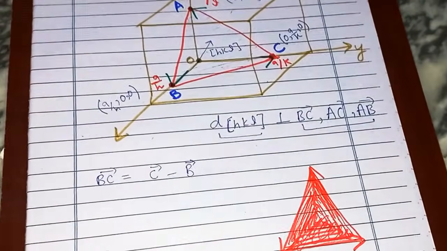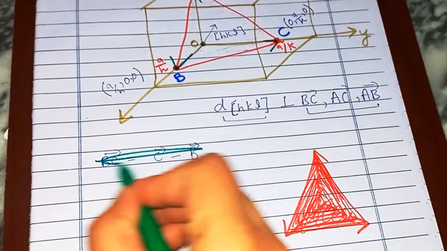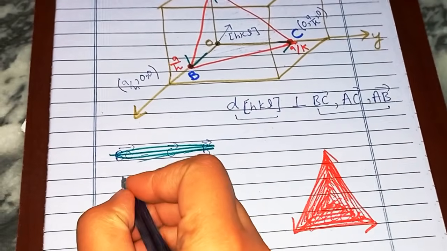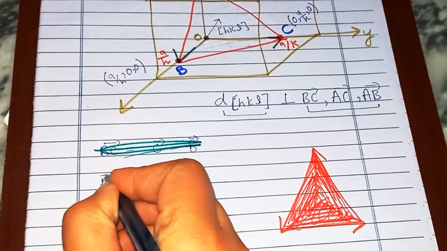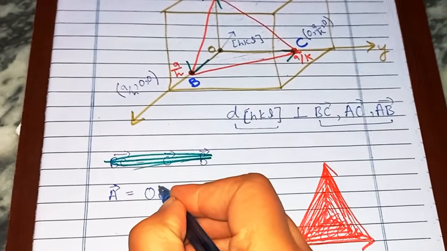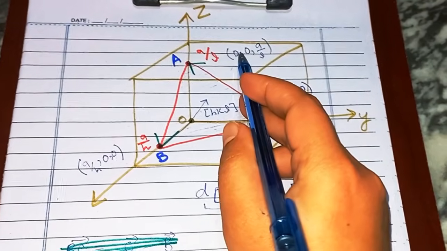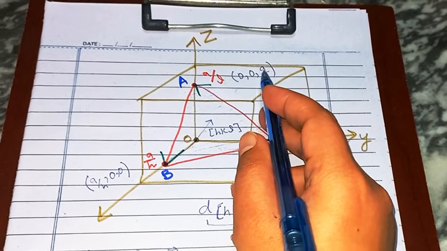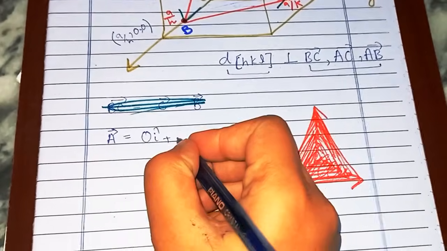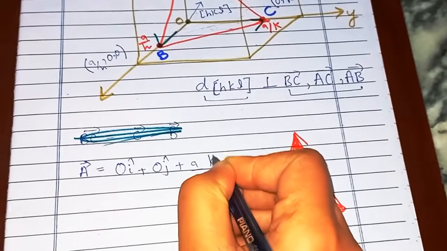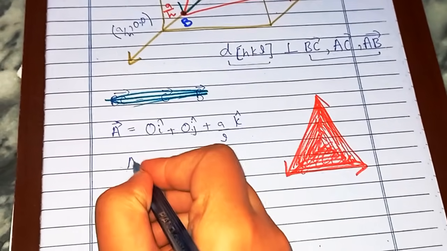So let me first do that. Let me write these vectors. Let's write vector A, which is 0 i hat with the x coordinate, j hat with the y coordinate, and k hat with the z coordinate. So 0 j hat plus a by l k hat. Since they are 0, we don't need to write them.